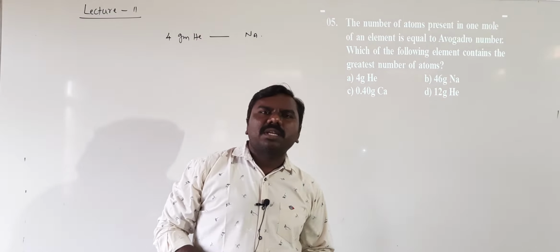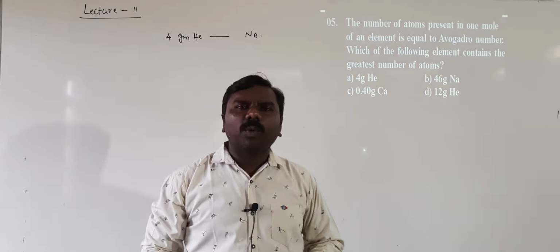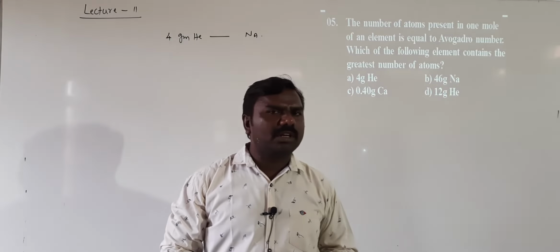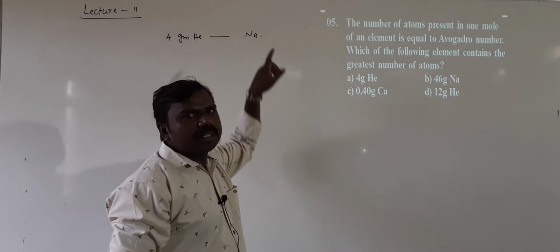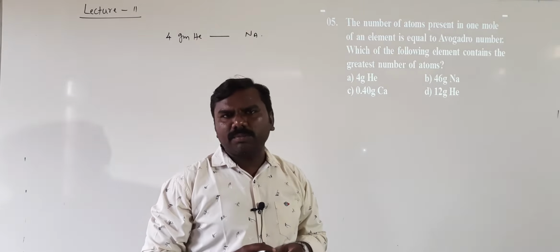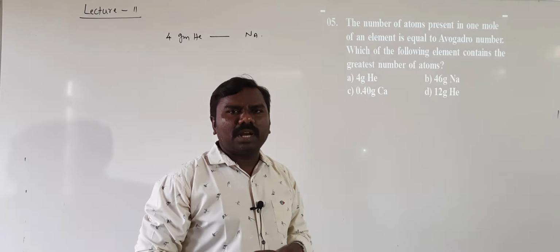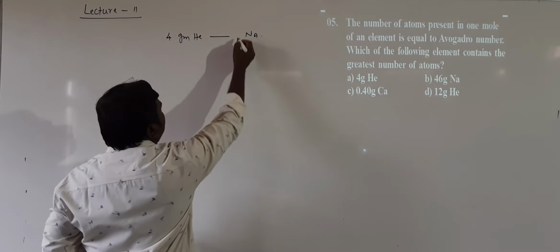Helium molar mass is 4 grams, and they also gave 4 grams. Molar mass of any component contains 1 Avogadro number of particles. Here 1 Avogadro number means 6.023 into 10 to the power of 23 helium atoms are present in 4 grams of helium, that is the meaning. So this is 1 Avogadro.